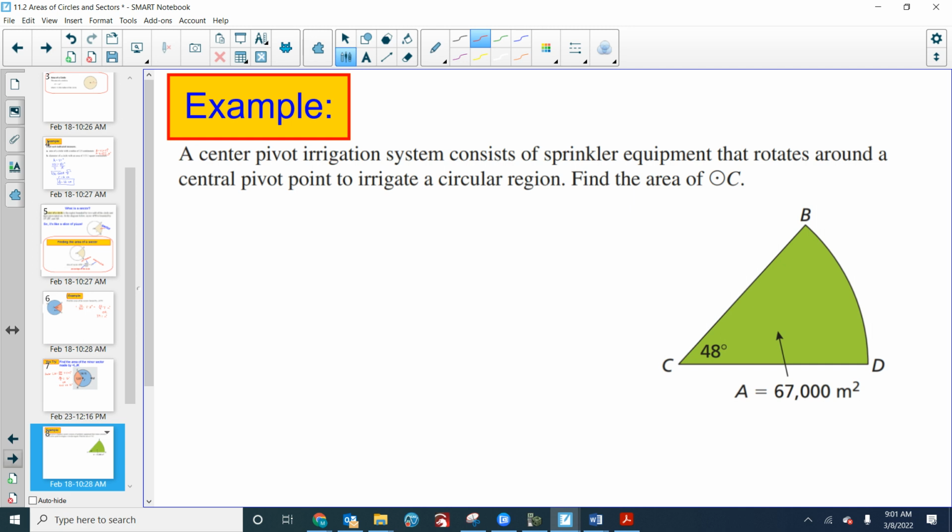The raft was like 300 pounds plus our weight. You want to figure out how low in the water this thing will ride so that your compartments underneath the top stay out of the water. So when you do that, you're actually finding the area of that whole sector and then taking away this triangular area.